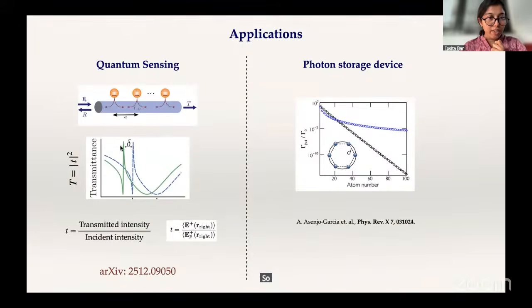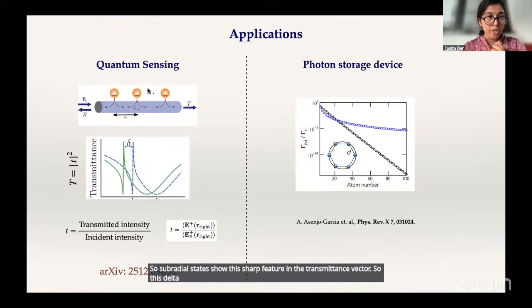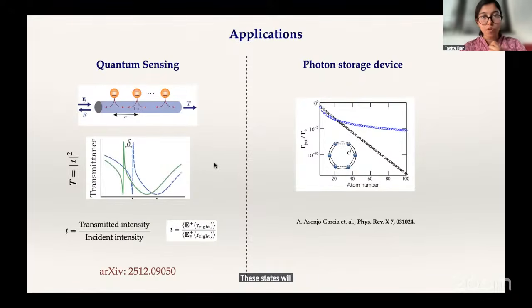Subradiant states show this sharp feature in the transmittance spectrum. So this delta acts as a knob here, and this is how they demonstrate that these states will be very important for sensing.